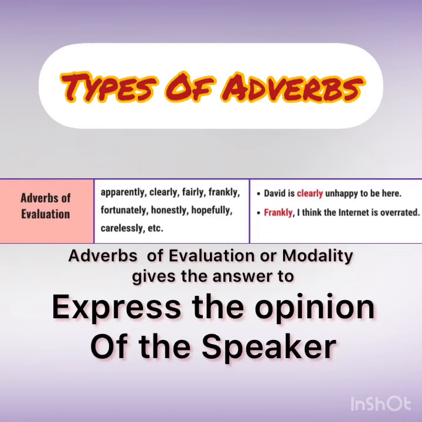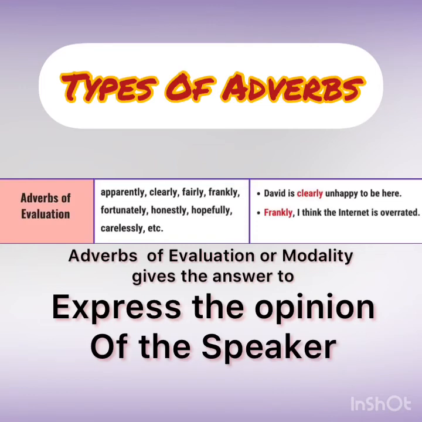Example sentences देखिए. The first one is David is clearly unhappy to be here. So clearly मतलब साफ नजर आ रहा है कि वो unhappy है. So it is adding something or qualifying the adjective unhappy. David is clearly unhappy. तो clearly is modifying the adjective unhappy, right?